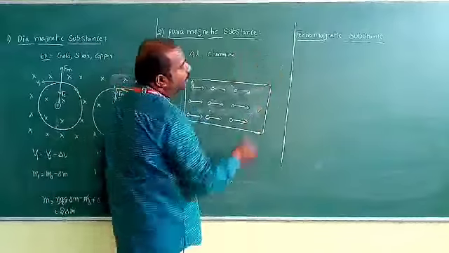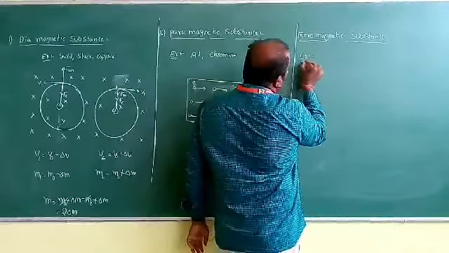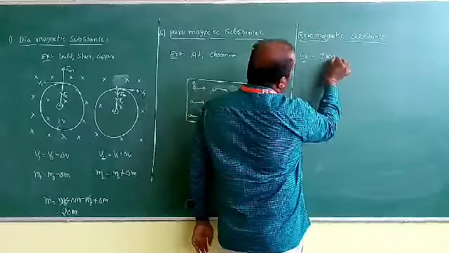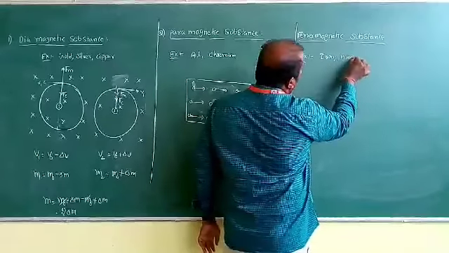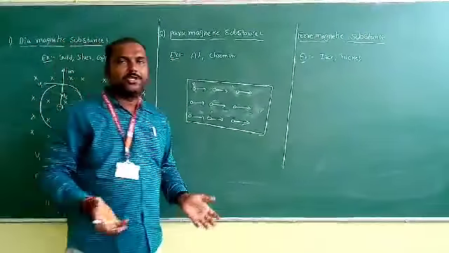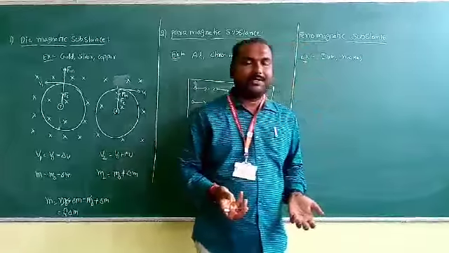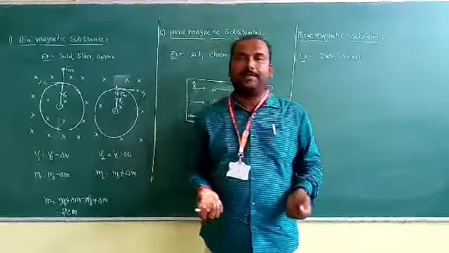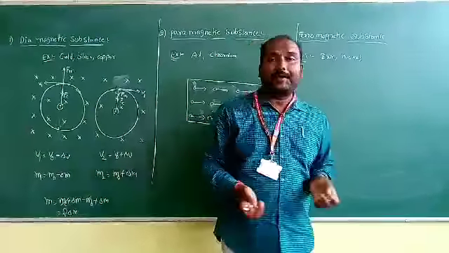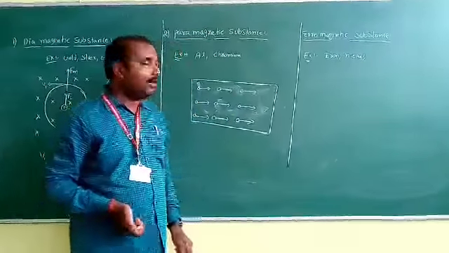In ferromagnetic substances, the best examples are iron and nickel. It is a substance which is strongly attracted by a magnetic field. Such a substance, when a magnetic field is applied, is called a ferromagnetic substance. The best examples are iron and nickel.